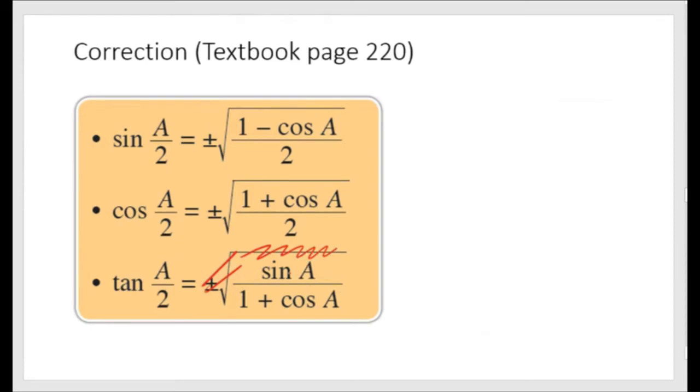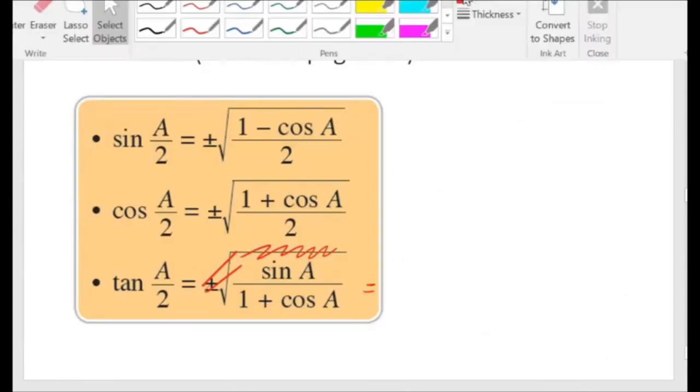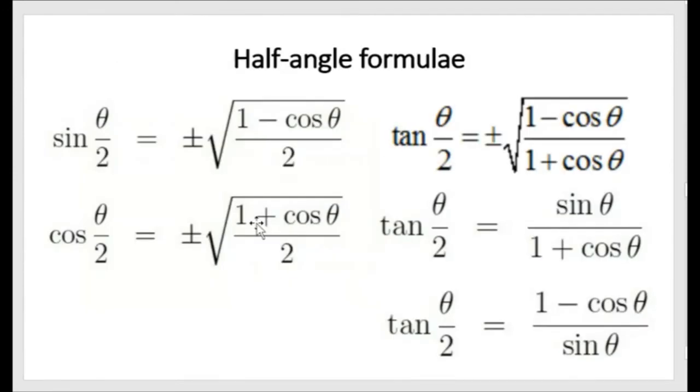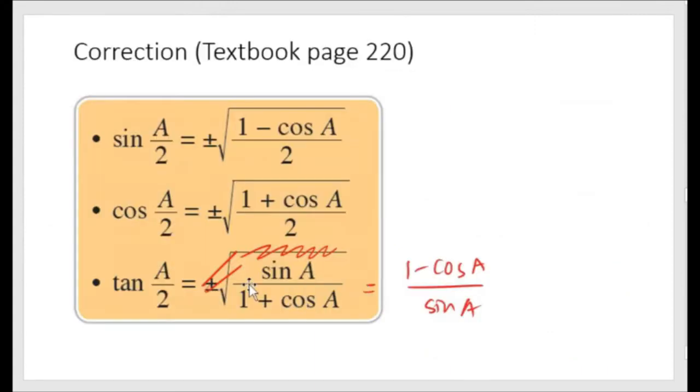Okay, it's only sine A over 1 plus cos theta, or equal to 1 minus cos A over sine A. So I want you to do the correction in your textbook. So you fill in this 1, 2, 3, 4, 5 in your textbook, page 220. This is the correct formula. Then this is the wrong one. Okay.